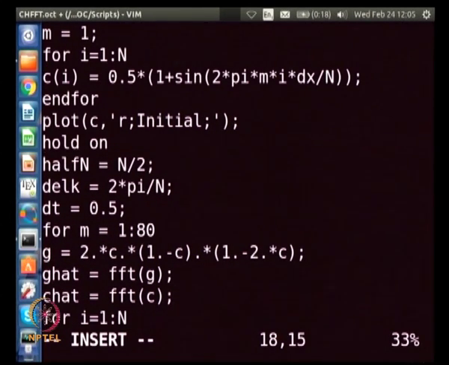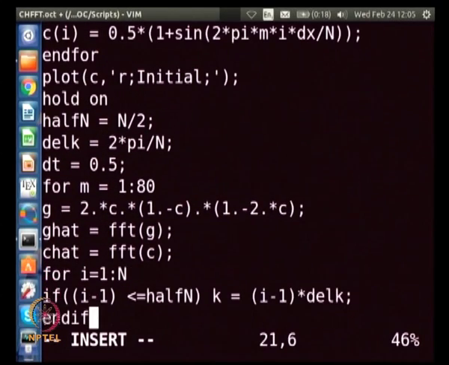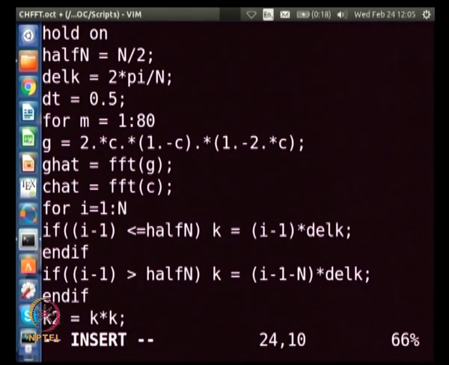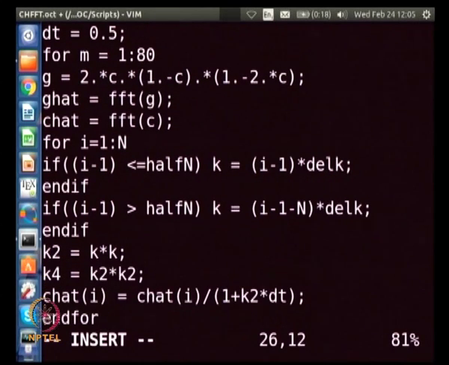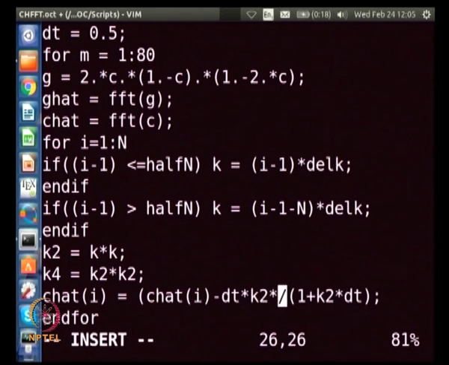So, now we go in and we do the same thing. We define the k vector and we calculate k squared, but we also need k power 4, which is k squared into k squared. Now, C hat is nothing but C hat minus k squared dt into k squared into G hat, right.